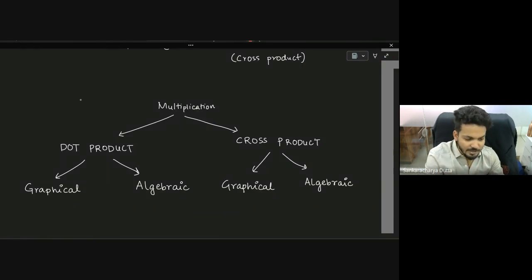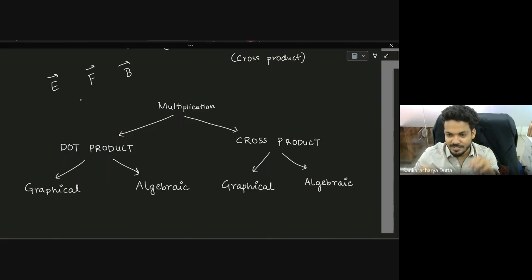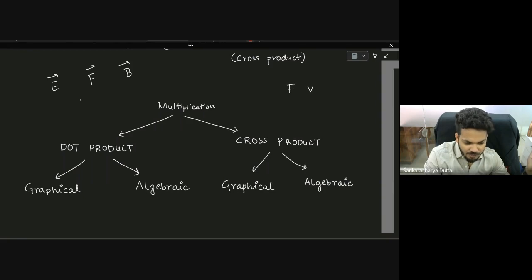Okay, you know there is an electric field vector. It's a vector quantity. Force is a vector quantity. Magnetic field is a vector quantity. It's not that you multiply two vector quantities and suddenly it starts making sense. Like for example, force multiplied by electric field does not make any sense. Okay, but there are certain combinations, like for example, force into velocity.